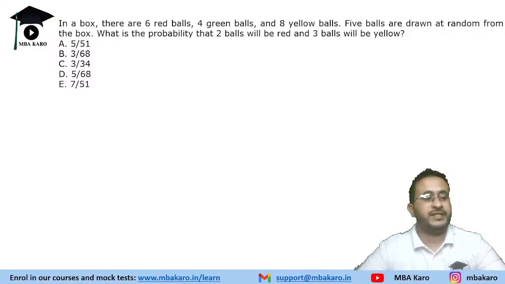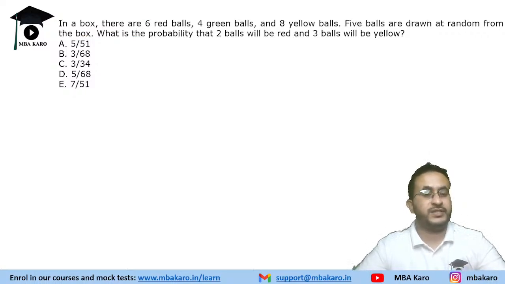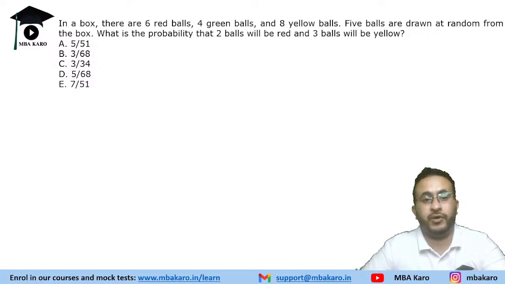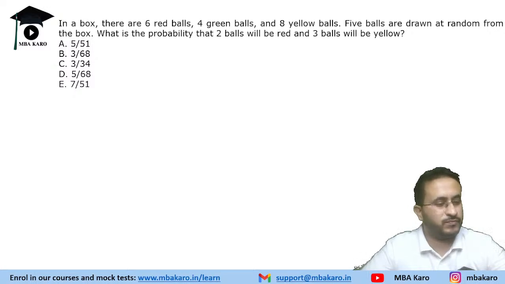In a box, there are 6 red balls, 4 green balls, and 8 yellow balls. 5 balls are drawn at random from the box. What is the probability that 2 balls will be red and 3 balls will be yellow?